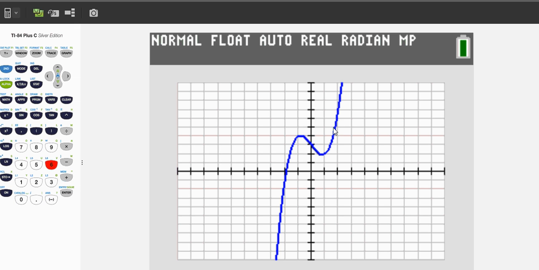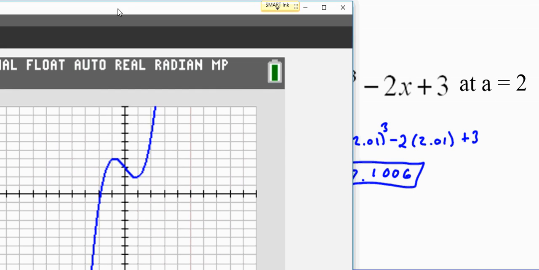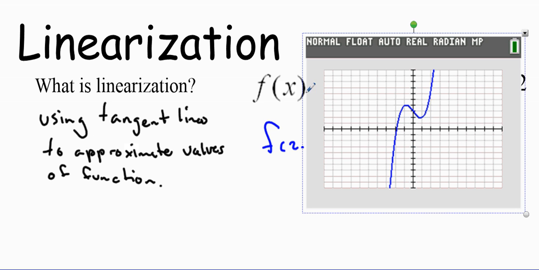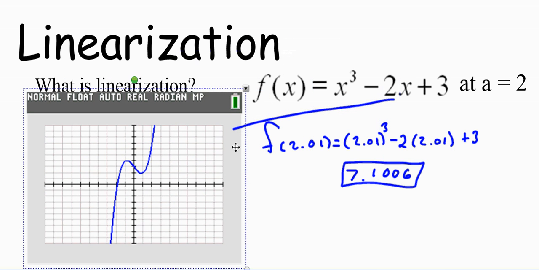I apologize, this is not going very well. But what we have right here is this graph, and I want to figure out what the value is at 2.01.